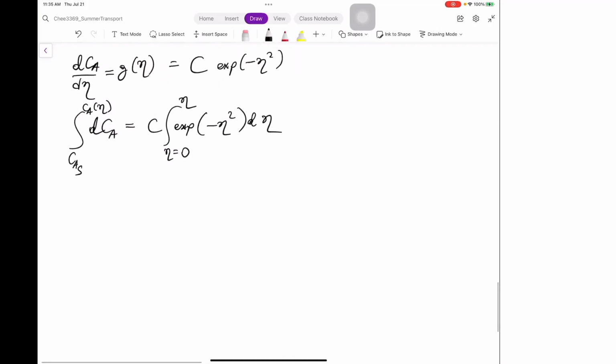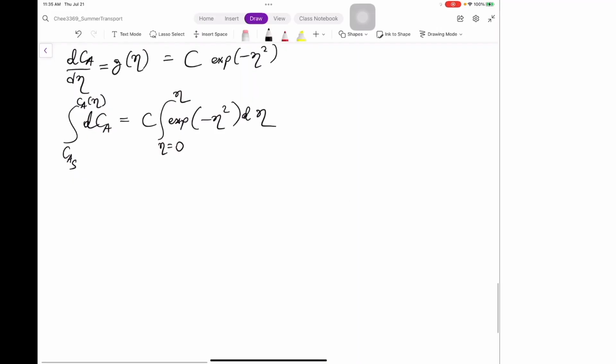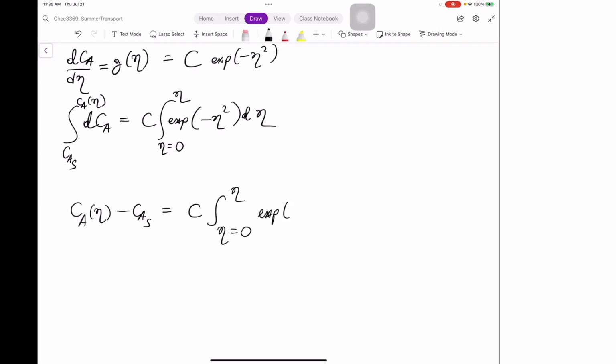From here, you find that CA eta minus CAS is equal to C times the integral from eta equal to 0 to eta of exponential negative eta squared d eta.